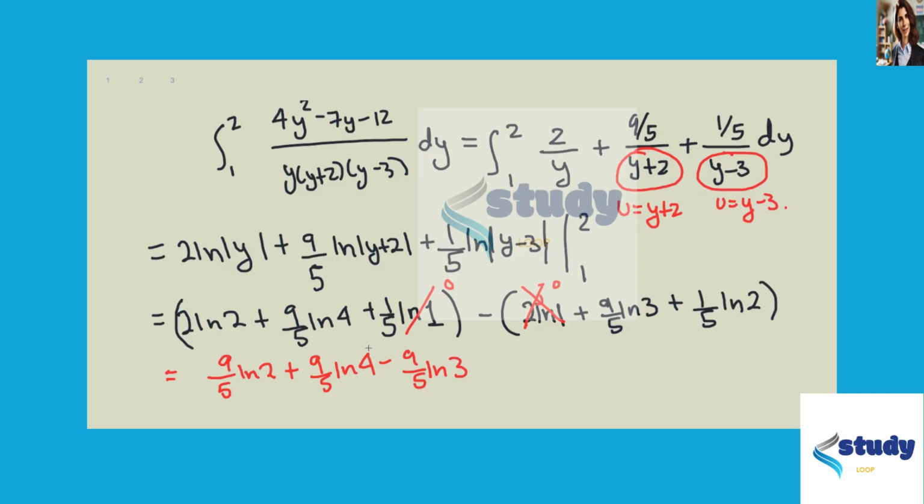So here, let's write this 4 as 2 squared. And then using the properties of the logarithm, we can pull out this 2 in front and multiply by the 9.